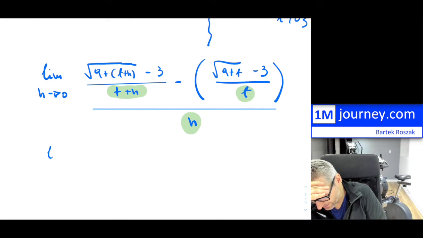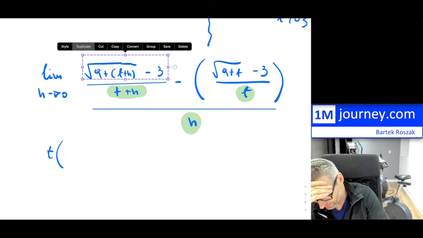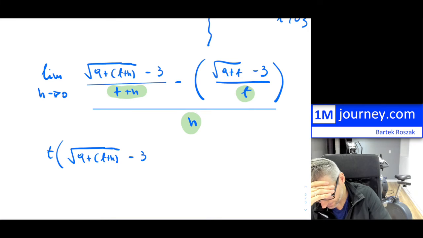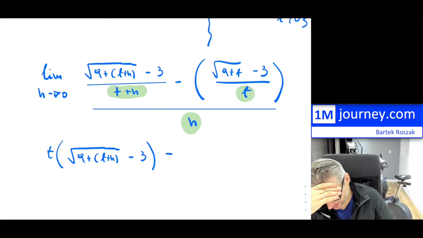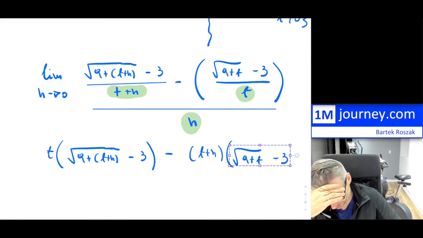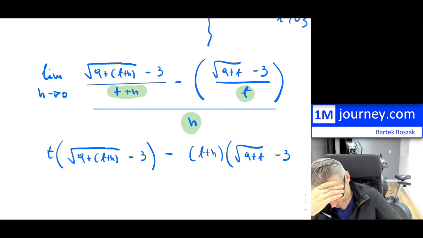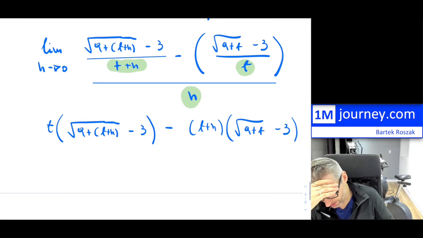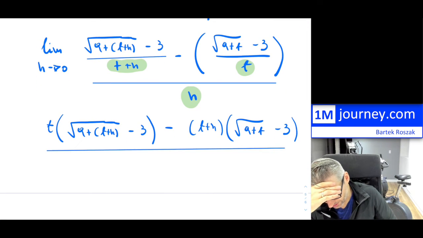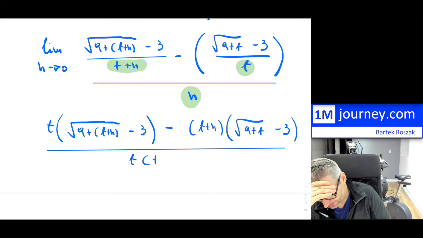So t multiplied by all of this, duplicate of that, minus, now the other one is going to be t plus h multiplied by all of this right here. Duplicate, bring it down. Okay, so far so good. And then this, of course, is all over t and t plus h, and then this h right here.